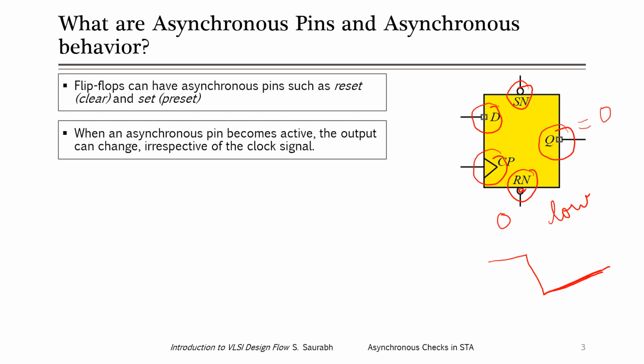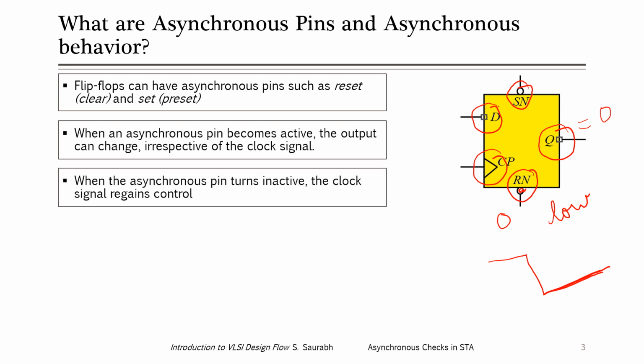It will not wait for the clock signal to come and then change to 0, but asynchronously, irrespective of the clock signal, the output Q will change, and that's why we call this reset signal an asynchronous reset signal.